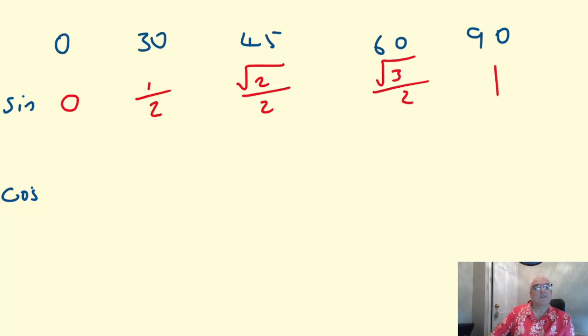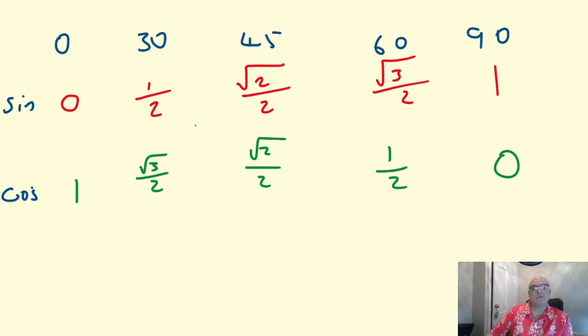If we're looking at the cosine, all we do is invert that order. So we start with 1, and then it's root 3 over 2, then root 2 over 2, then 1/2, and then 0.